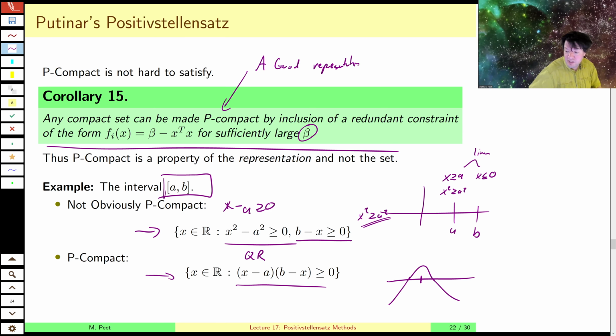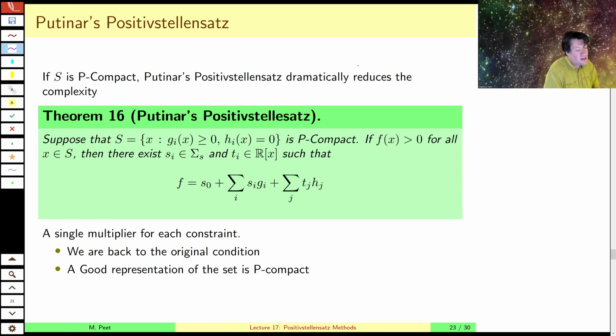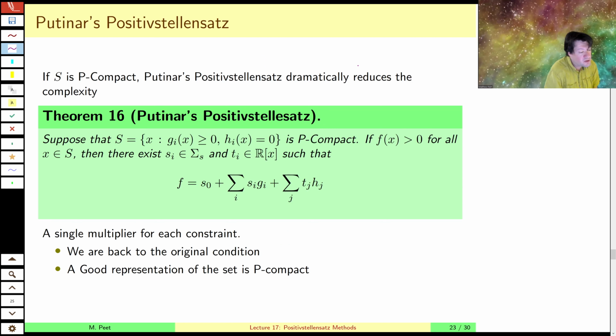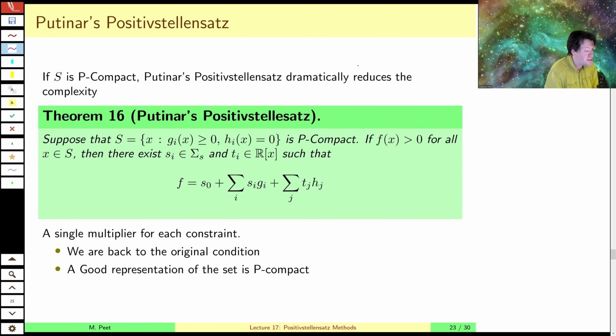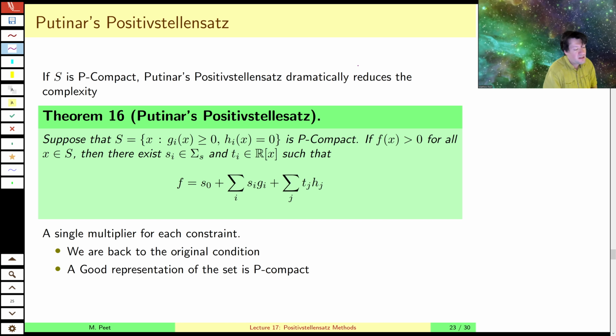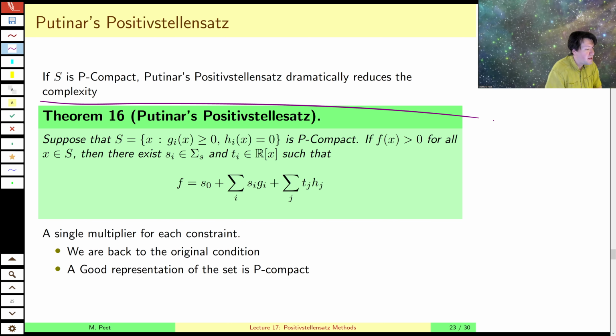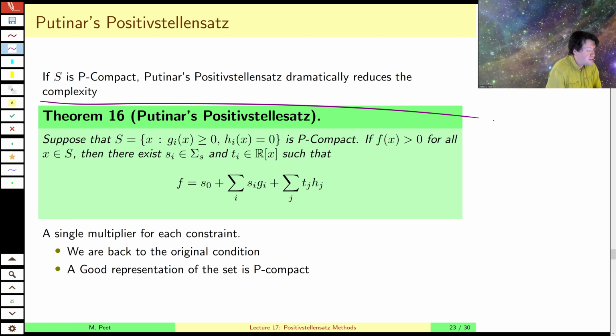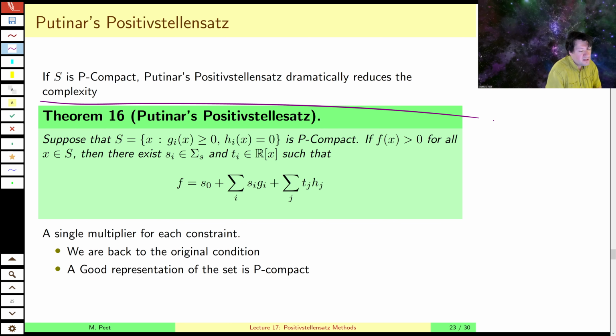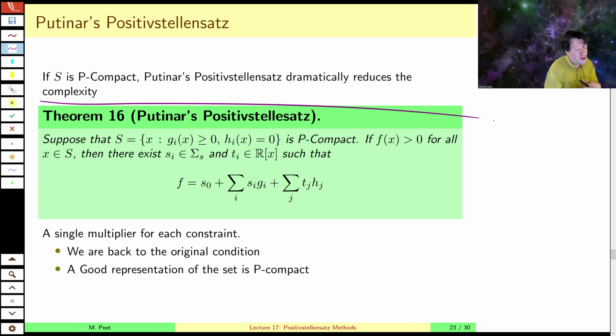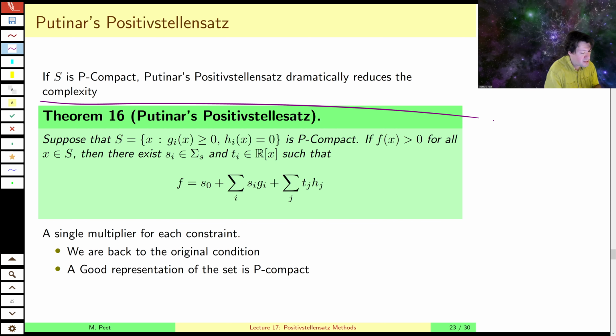And it's good in the sense that it dramatically reduces the complexity of the Positivstellensatz test, right? So basically, if your representation is p-compact, then we can drop off all of the products of the representation.